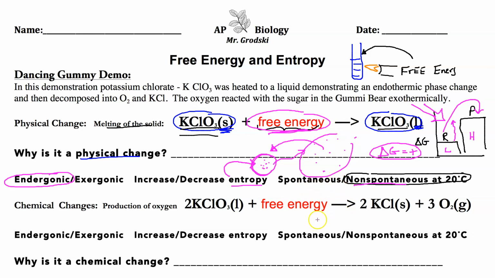Now, that's the overall process, but I want us to think about this a little bit differently. I'm going to add a little layer to this now. When I said entropy, we always talk about the delta S of the universe. This is important, the delta S of the universe.